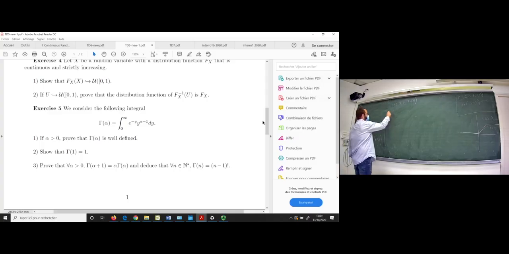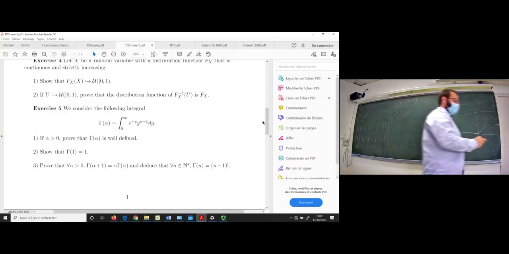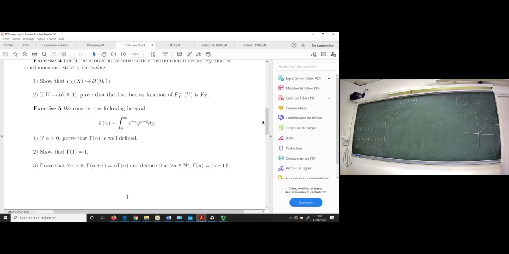So this is just the point itself. And at the end, I prove that the distribution function of f_X^{-1}(U) is exactly the distribution function of X, meaning that this random variable and this one have the same distribution.